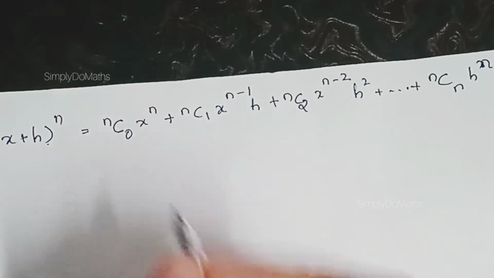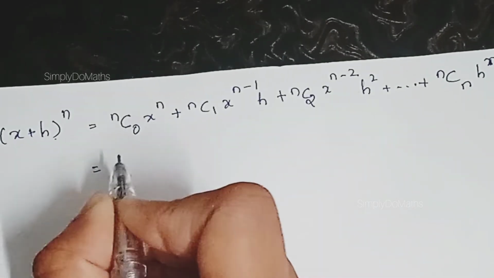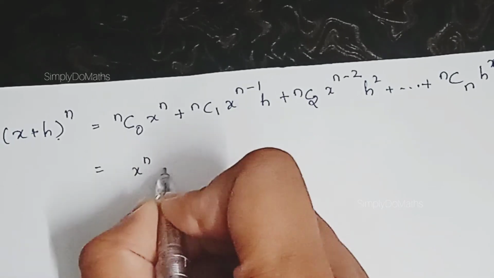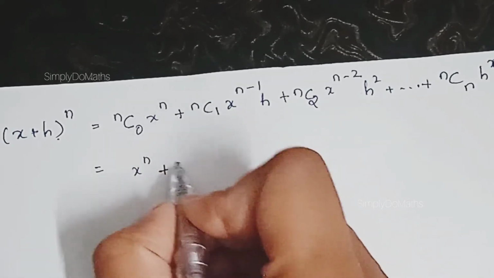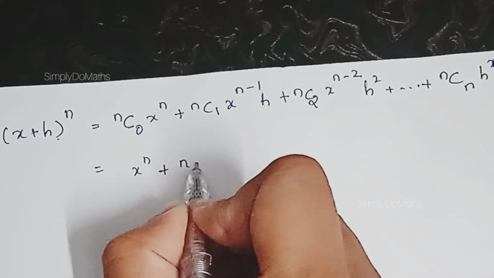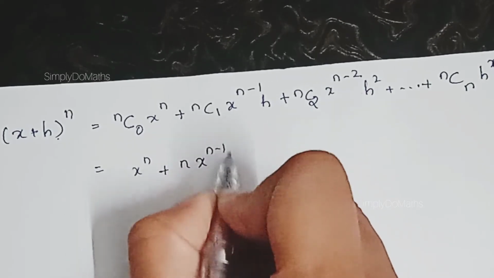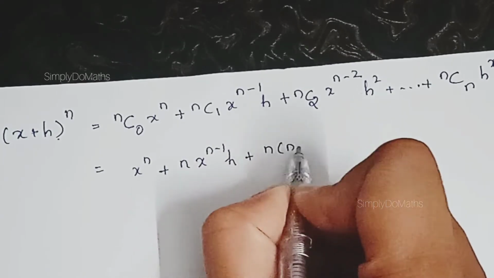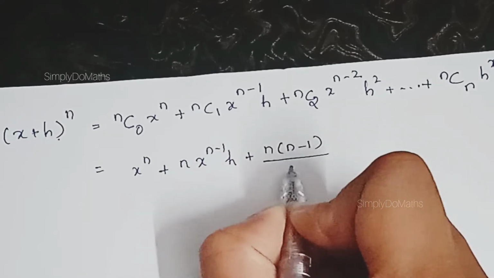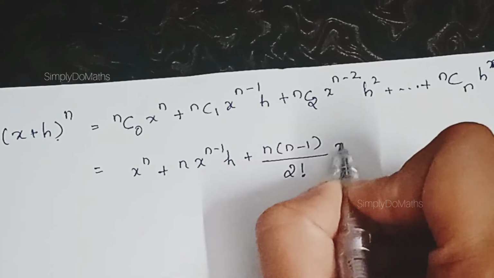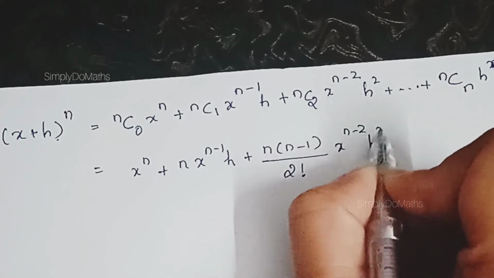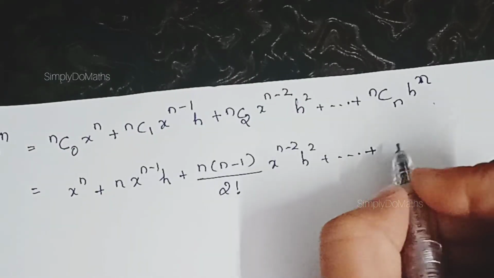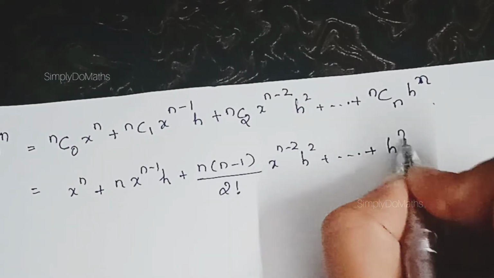Okay, so nC0 is nothing but 1, so x raised to n, plus nC1 is nothing but n, so x raised to n minus 1 h. nC2 is nothing but n into n minus 1 divided by 2 factorial, x raised to n minus 2 h square, and so on up to nCn, which is also nothing but 1, h raised to n.